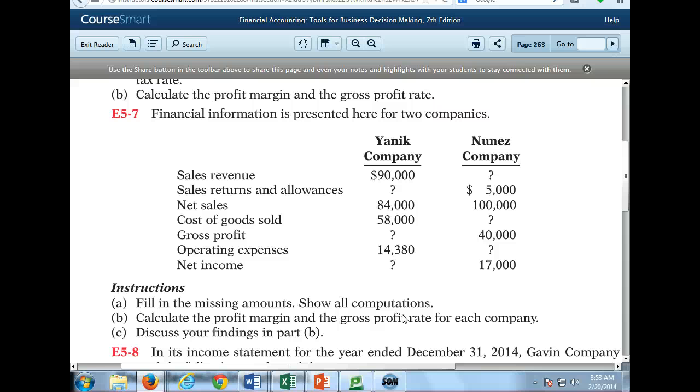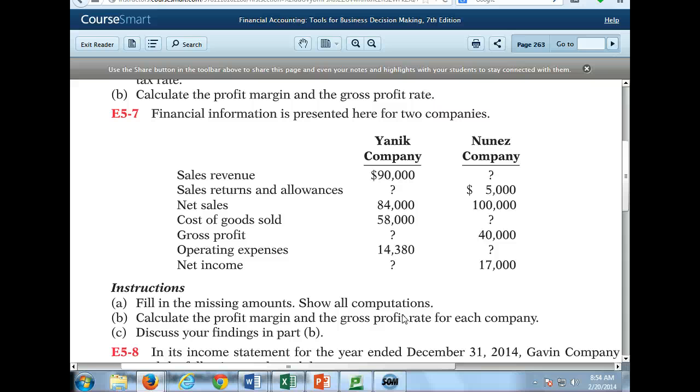Net income divided by net sales. So 50 divided by 200 is going to be 25%. And the gross profit rate is 150 divided by 200, or 75%. Do you see how the gross profit rate is always going to have to be higher than the profit margin? Because all the operating expenses haven't been taken out yet. Make sense? Yes? No?